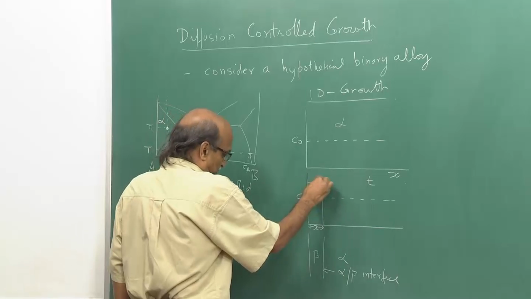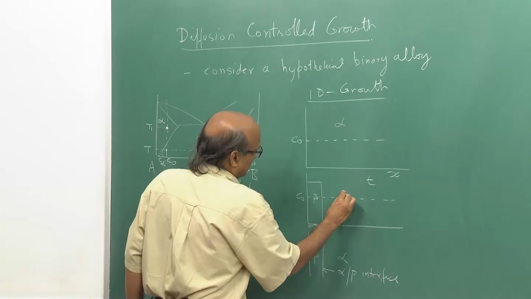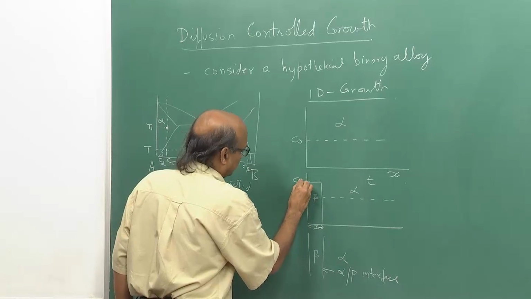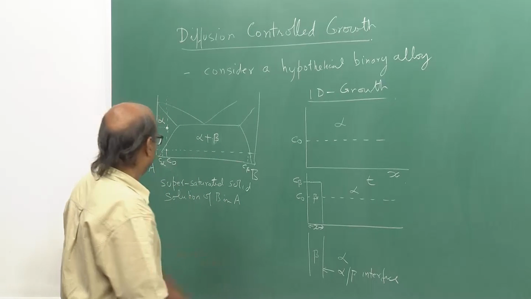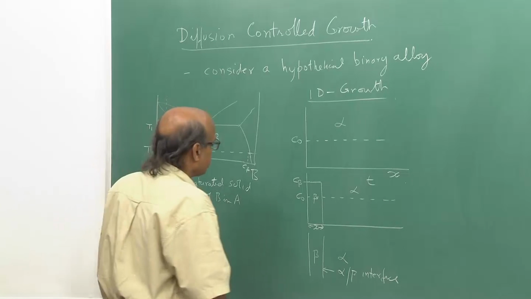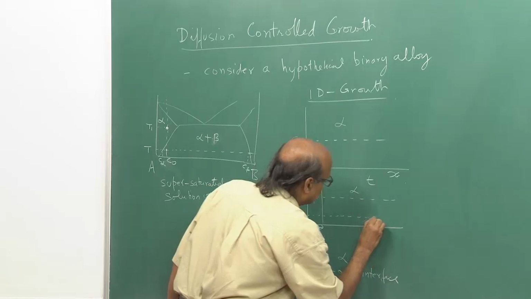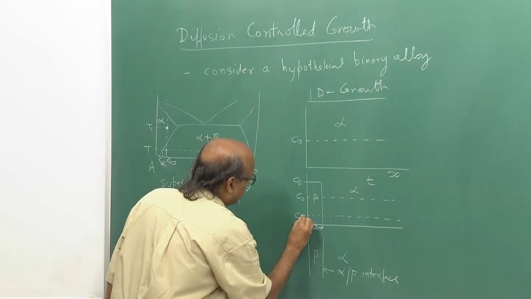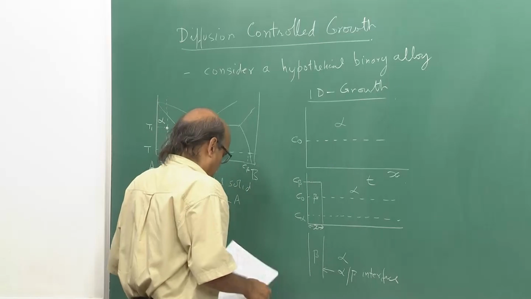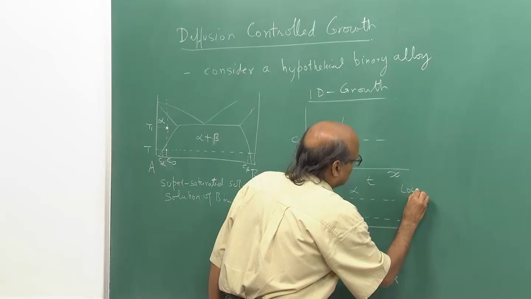The composition of the beta that forms, so this is beta, out here is alpha, this composition is C beta, the equilibrium composition from the phase diagram. And let me mark the equilibrium composition for alpha here. So, let us assume local equilibrium at the interface.